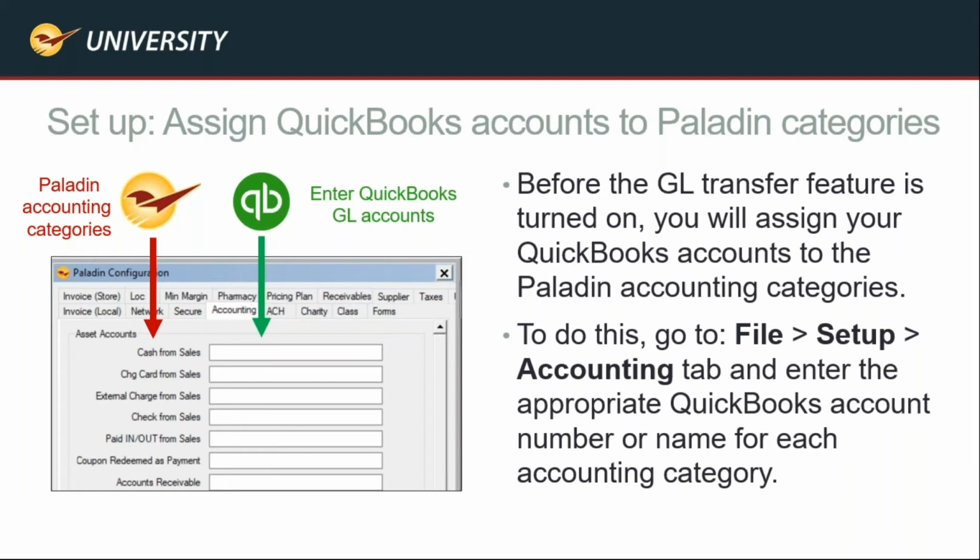I like to think of them as financial buckets. Each of these financial buckets has an ID value assigned to it in QuickBooks. We need that ID value assigned in Paladin in the Accounting File Setup tab as well, so Paladin knows where to put this information. It's like, oh, ID 12345. Oh, look, here's financial bucket 12345. I know exactly where to put my cash from sales, and it puts it into there.